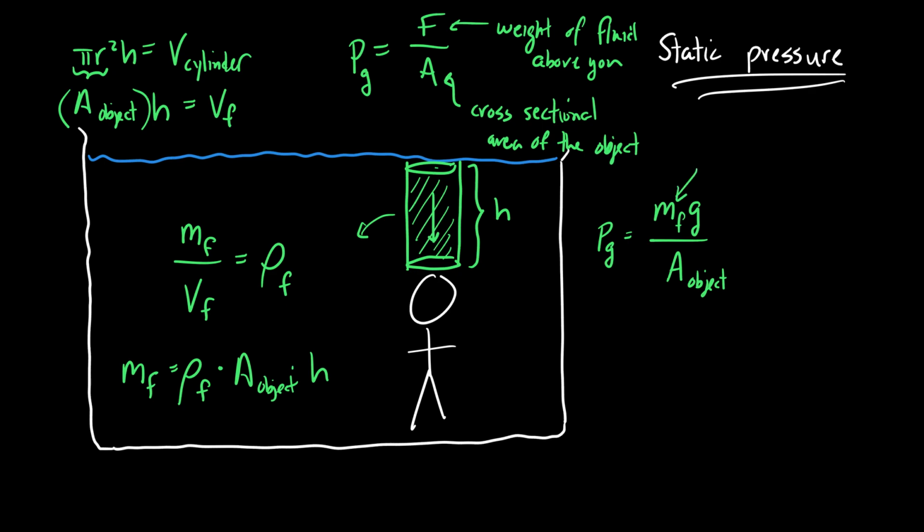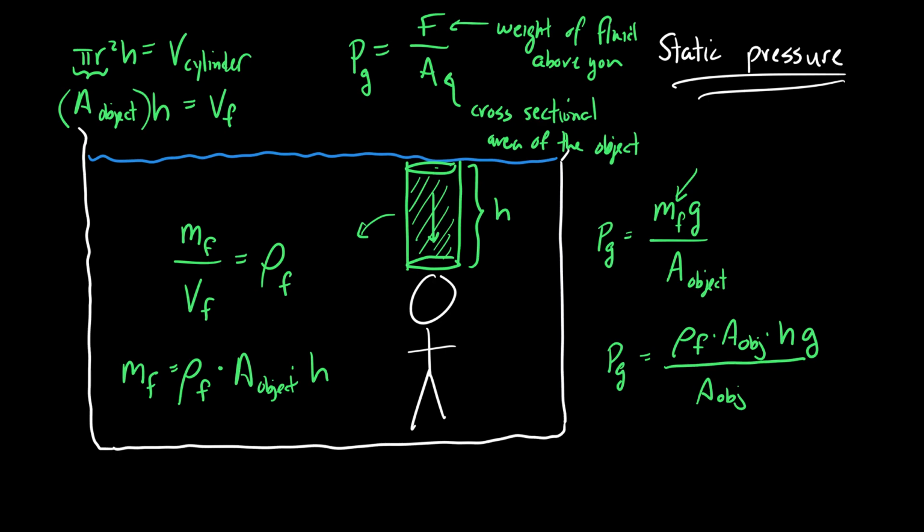All these things together, so we'll get the gauge pressure is going to equal the density of the fluid times the cross-sectional area of the object times the height of the column, times g, all divided by the area of the object.